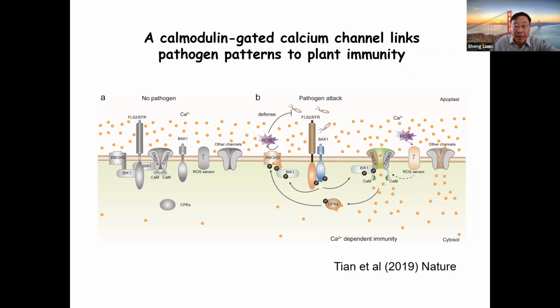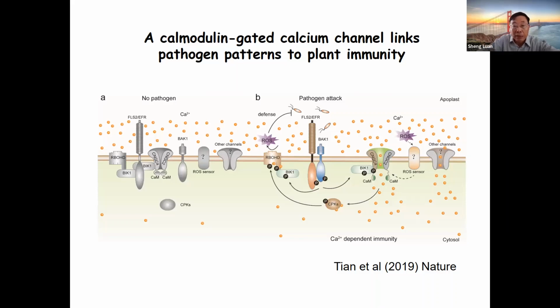And in response to pathogen patterns, the pattern receptors activate BIK1, which is a protein kinase, that then interacts with the CNGC channels and phosphorylates the channel to open it, so that calcium gets influx into the cell to serve as a signal messenger to trigger ROS burst and other immune responses. So this is an important part of pattern-triggered immunity in plants.